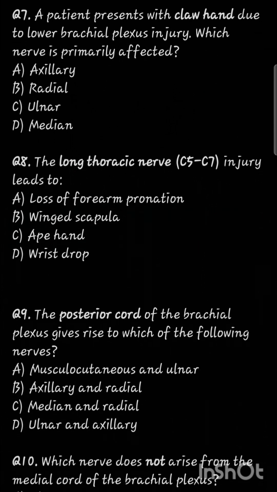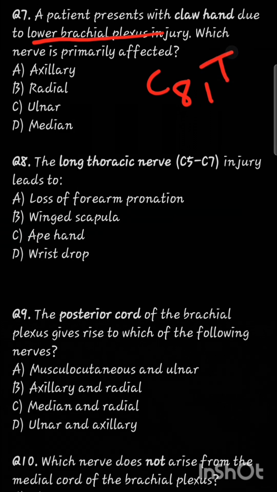A patient presents with claw hand due to lower brachial plexus injury. Which nerve is primarily affected? Claw hand mainly occurs in the lower brachial plexus, in the sense that C8 and T1 are affected.